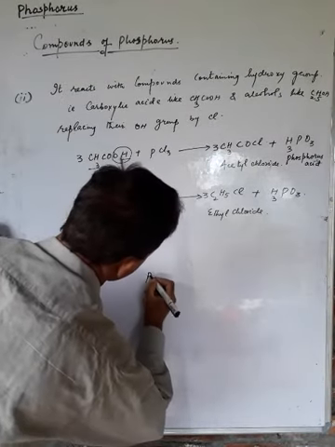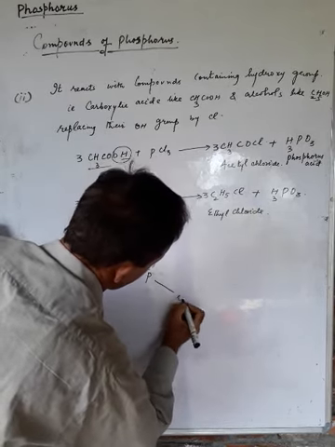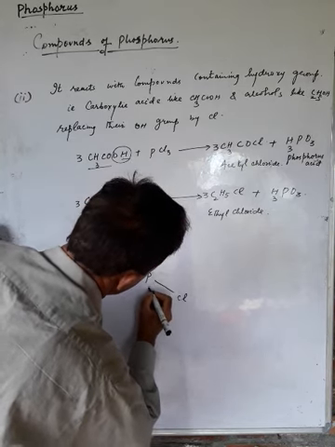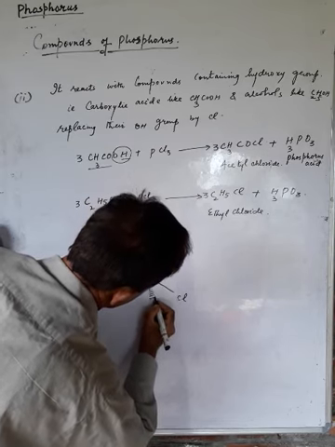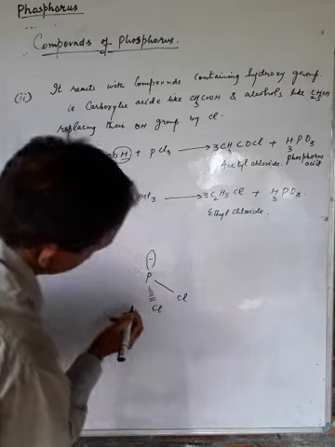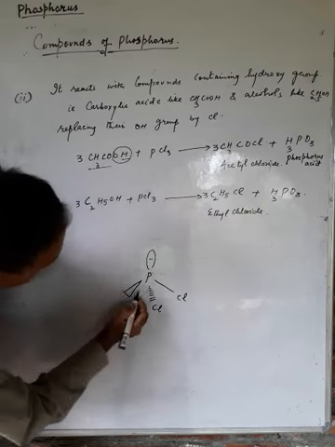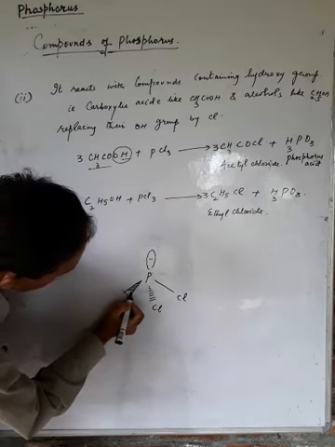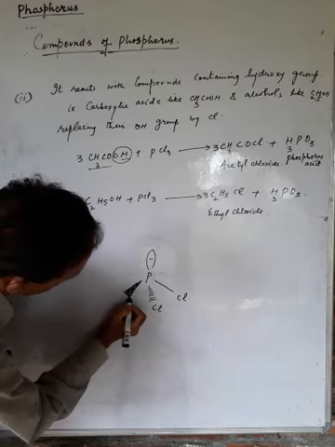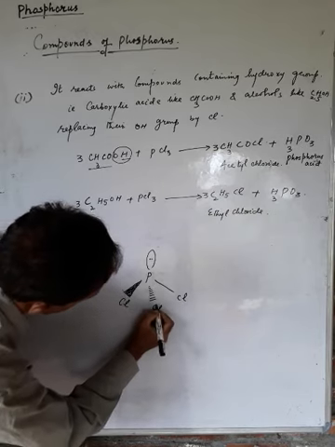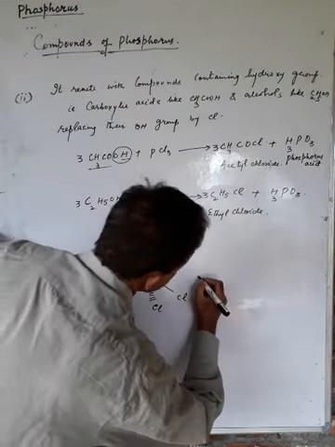Phosphorus trichloride: this is Cl and Cl, and this is the lone pair of electrons. This is a pyramidal structure.